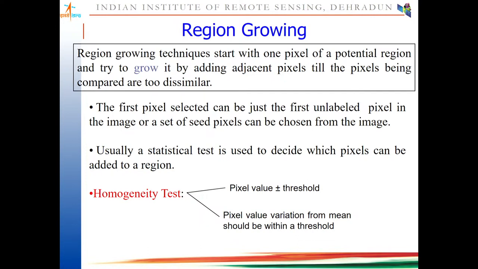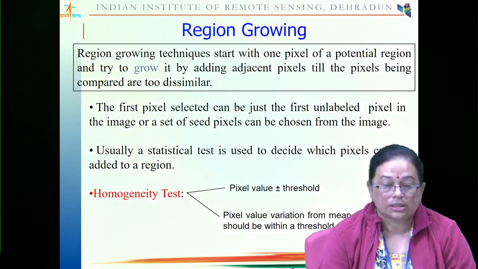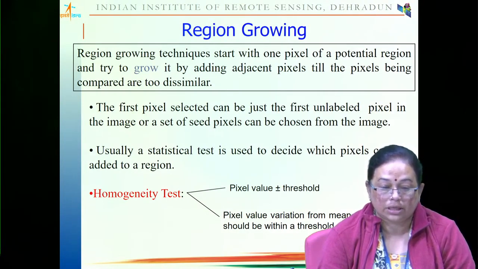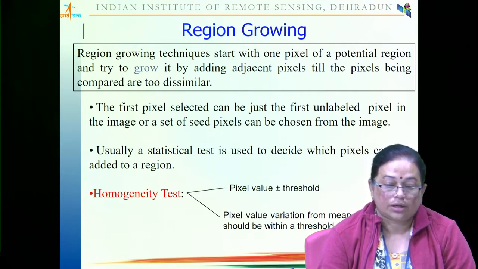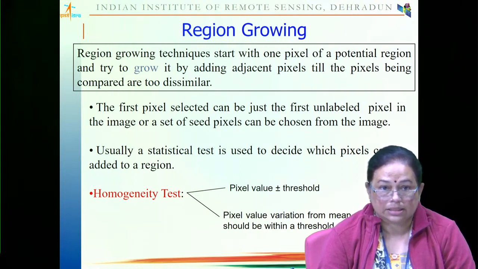So basically, to grow the pixels, the initial seed pixel has to be chosen, either by choosing seed pixels from the image itself, or from unlabeled pixels in the image. Usually a statistical test is done to decide which pixels can be added to the region.